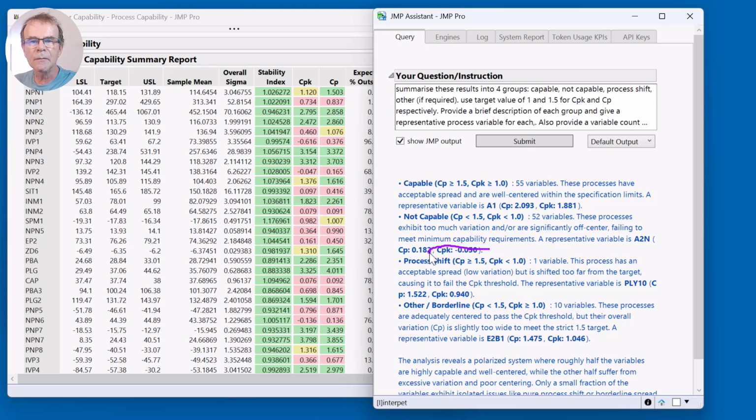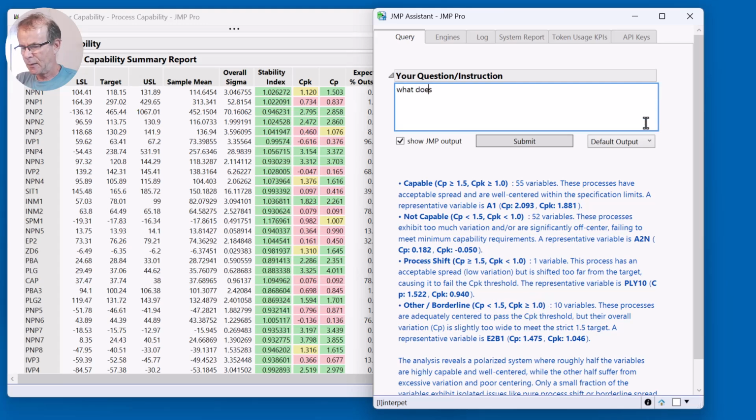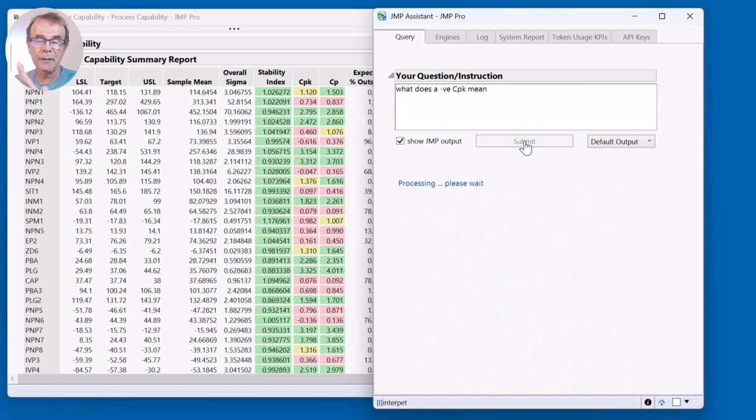Notice this here, we've got this CPK of minus 0.05. So I was saying a lot of people don't understand this scenario where you've got a good CPK but a bad CP. The other thing that people might not understand is, what does a negative CPK mean? Okay, so CPK can go small but negative. What does it mean?